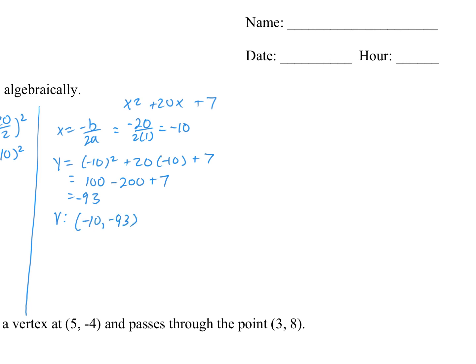Now to find my x-intercepts, I just got to use the quadratic equation, which is negative b plus or minus the square root of b squared minus 4ac over 2a. So using that equation up here, I'm just going to plug in my numbers.